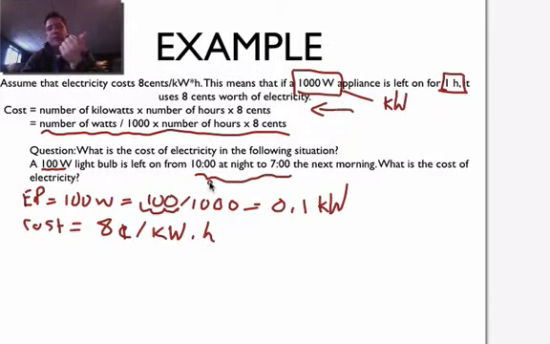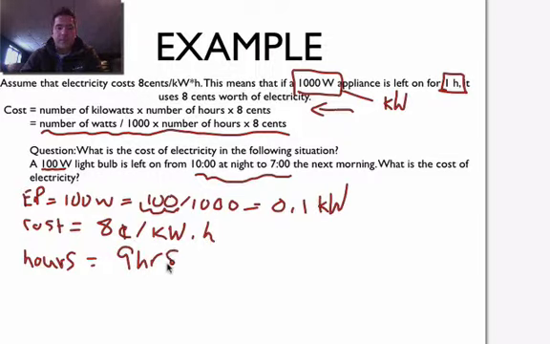So if we go from 10, we go to 11, 12, 1, 2, 3, 4, 5, 6, 7. So it's been left on for 9 hours. So now I know the information, but now I want to know what was the cost of electricity.